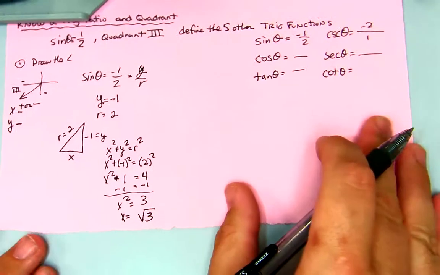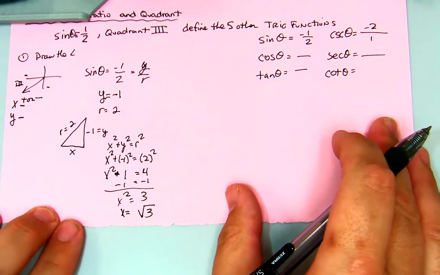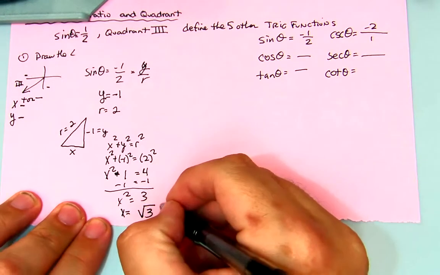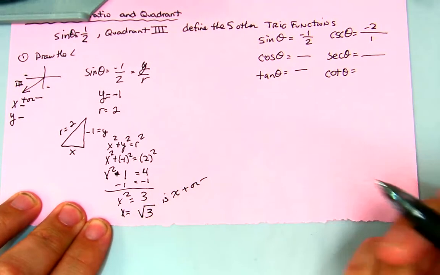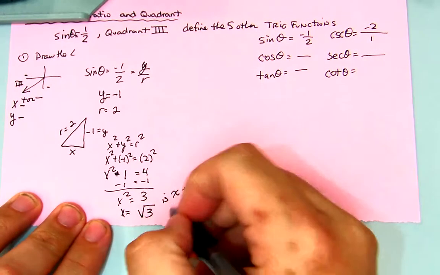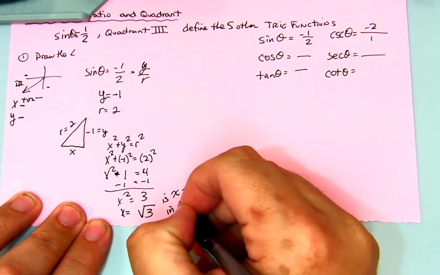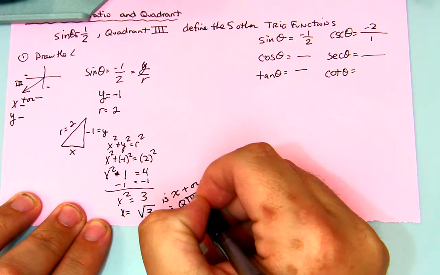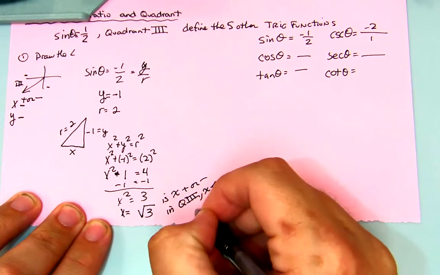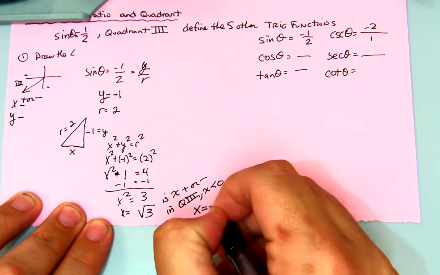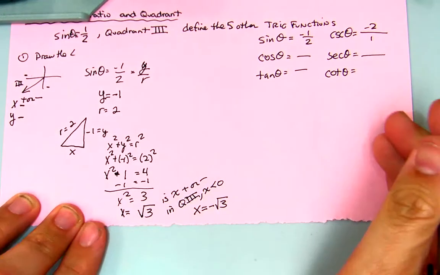Now, at this point, you have to make a choice. Is x positive or negative? Now, because it's in quadrant 3, x has to be less than 0. So x is actually equal to the -square root of 3.